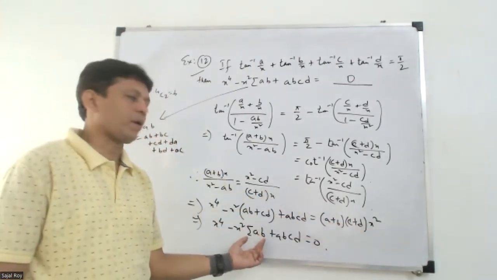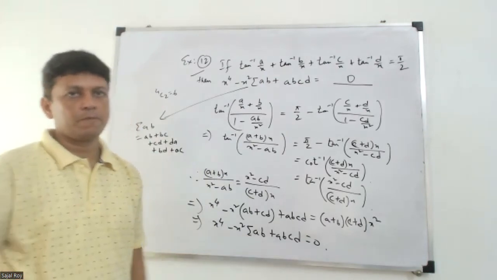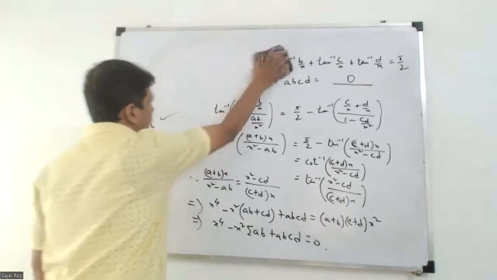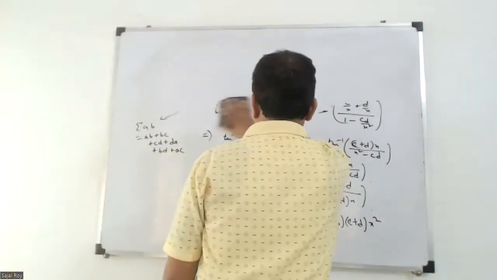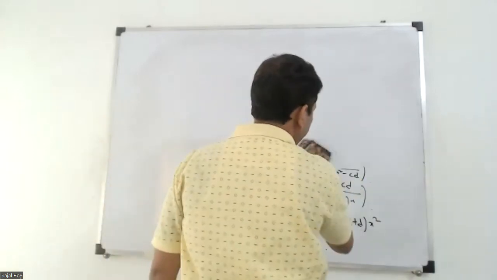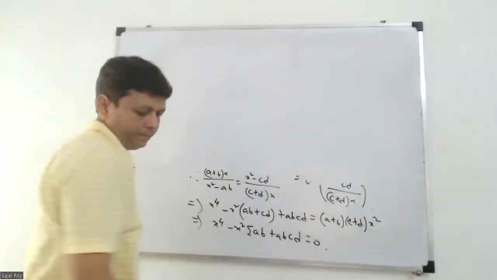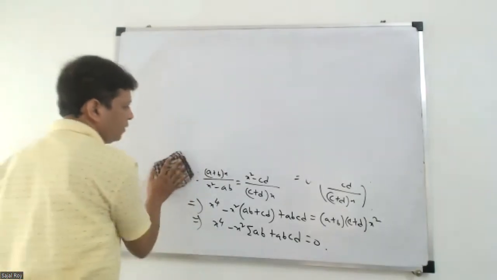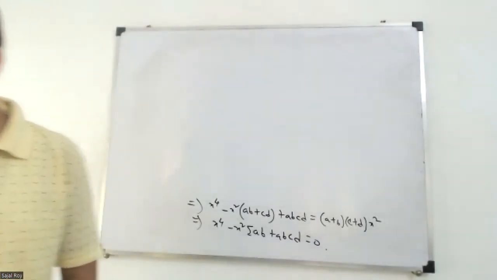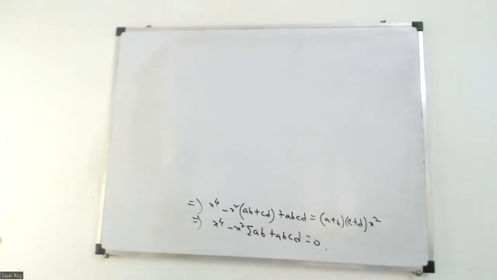Take this side, you will have summation ab, that means 6 terms.